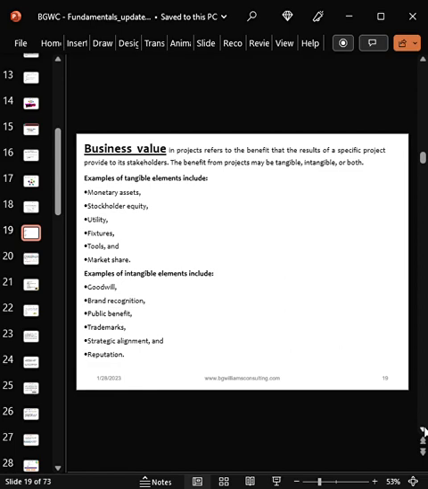What will come to us as an organization? That benefit that will come to the organization as a result of that project you are embarking on is what is referred to as a business value.